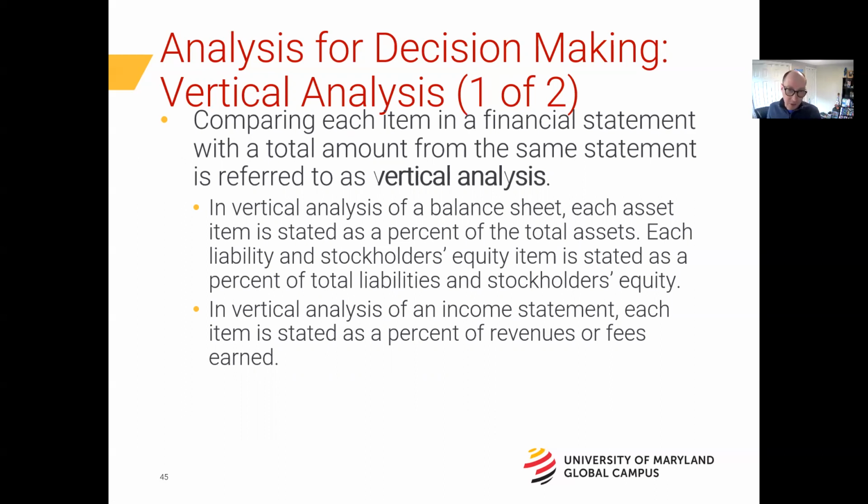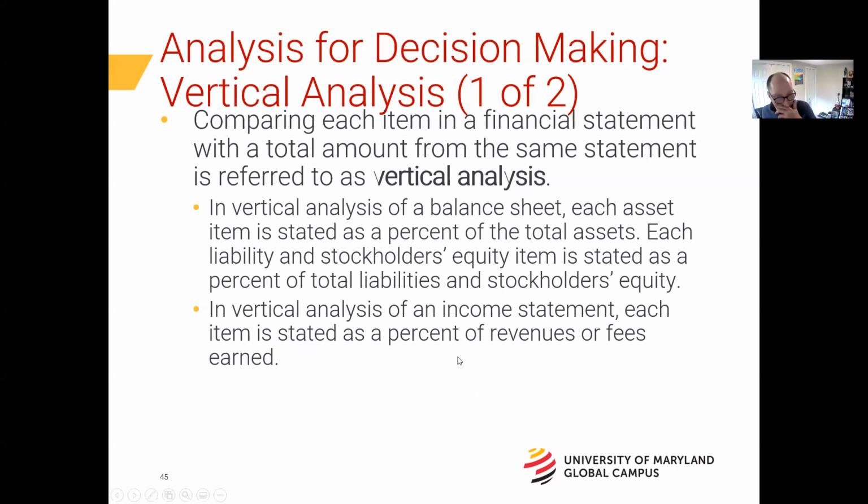On the balance sheet, we express everything as a percentage of total assets. So total assets would be 100%. Cash would be a percentage of those total assets. Accounts receivable will be a percentage of those total assets, and so forth and so on.